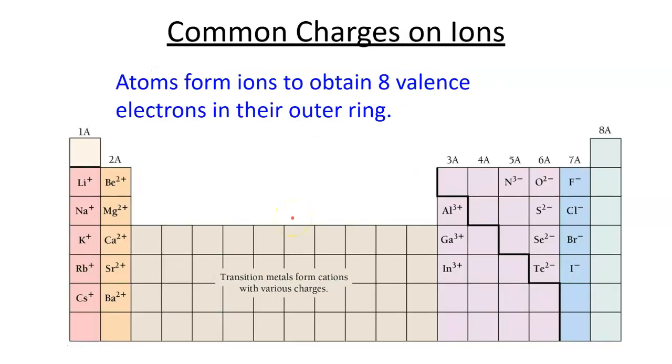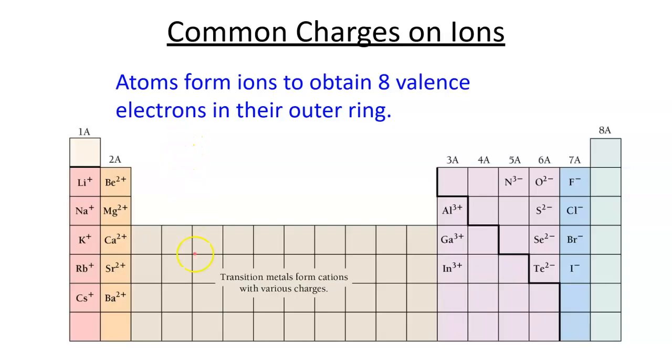Here are some common charges on ions on the periodic table. As you're looking at this and copying down that blue sentence, think about why these elements might form those charges. Remember, group 1, sometimes called group 1A, has 1 valence electron, so it loses that 1 electron and becomes a positive ion. Why?